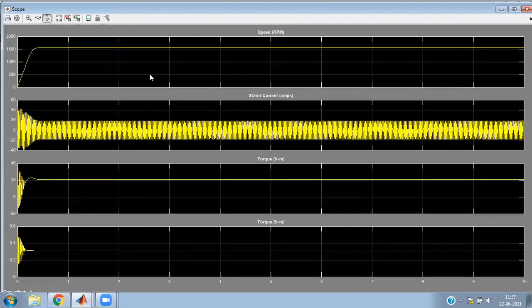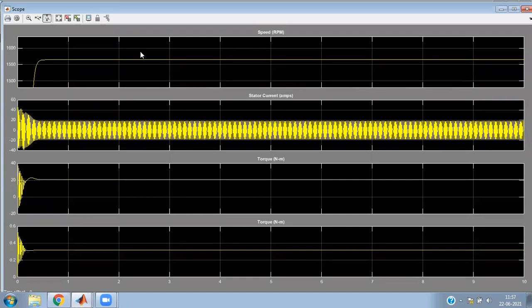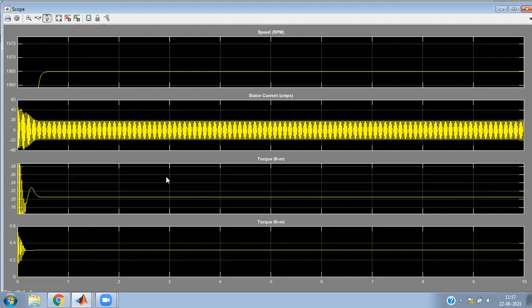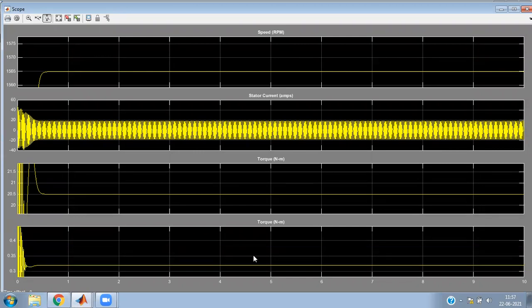Okay. Once again, you can see at half voltage also it is running at steady speed. Of course, the speed is now drastically reduced to 1565 instead of 1750 rated speed. Its torque has also reduced to 20 instead of 25, and flux has also reduced. Right.